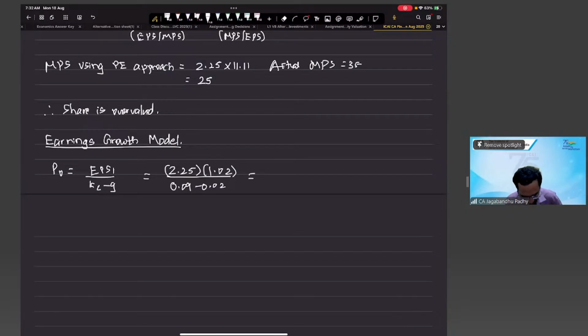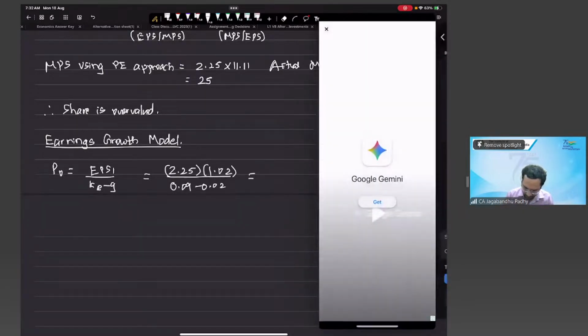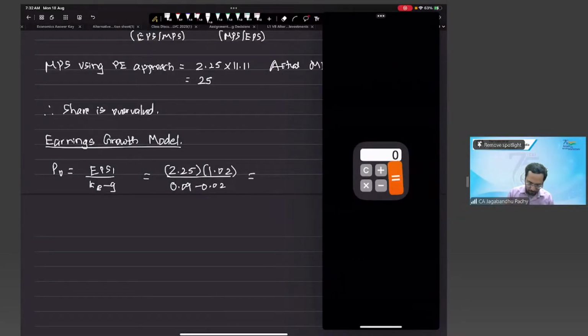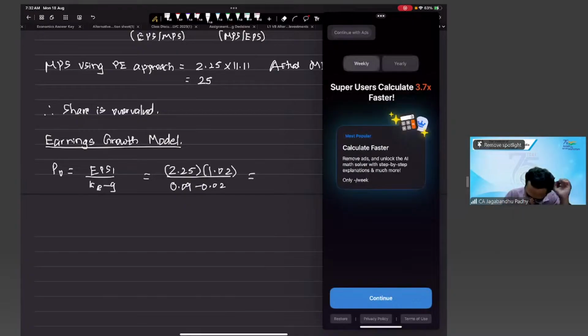So how much is this number, guys? Earnings growth model, EPS1 upon KE minus G. It comes to 32.79.